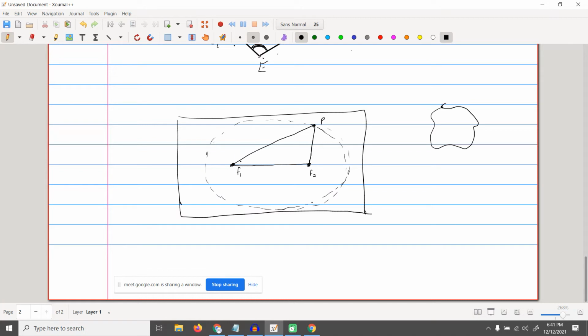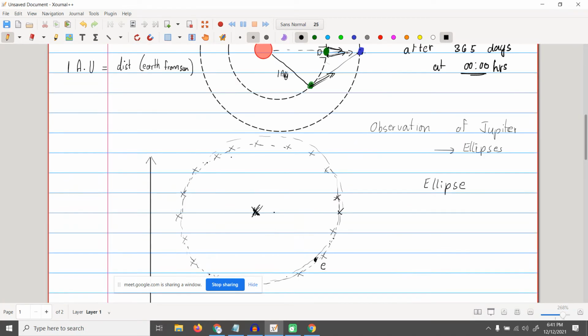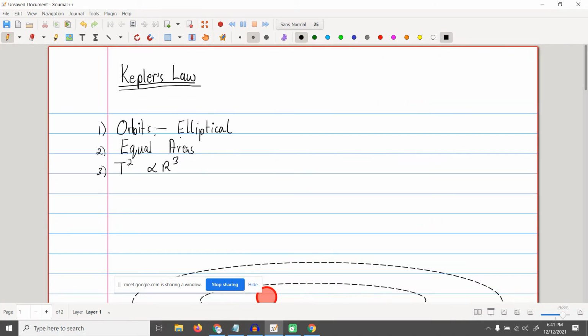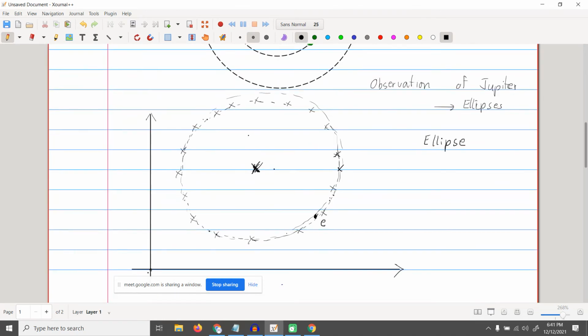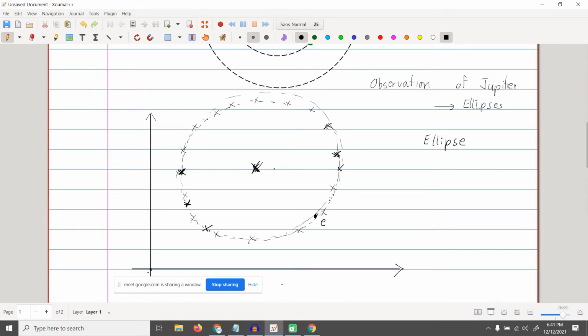All right. What the first law says is that the shape of the orbit is elliptical. That's what the first law says. Now remember, when Kepler is marking the positions of Jupiter, he will notice that if you're measuring the position of the planet after 1 month, when the planet is closer to the sun, the positions are moving much faster away from each other.